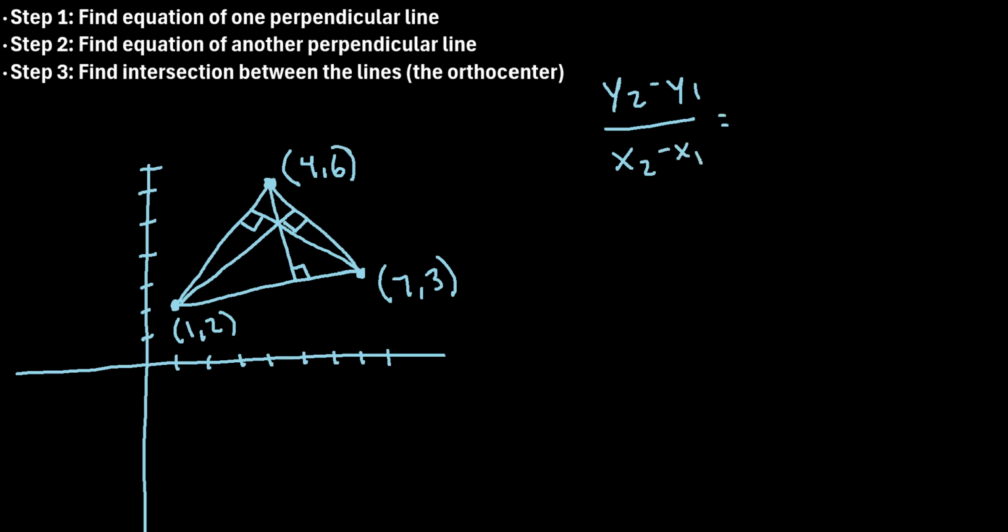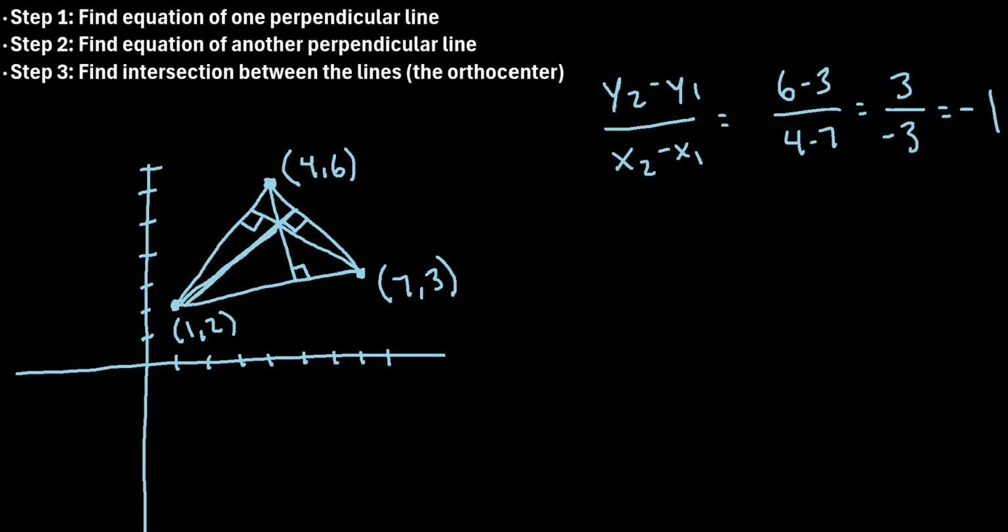So let's call this y2 and this y1. We'll say 6 minus 3 divided by x2 minus x1, so 4 minus 7. We get 6 minus 3 is 3, 4 minus 7 is negative 3, so 3 divided by negative 3 is negative 1.